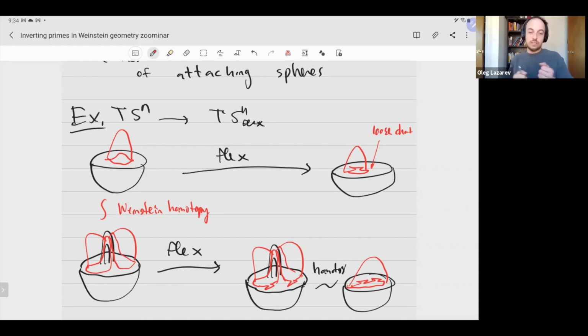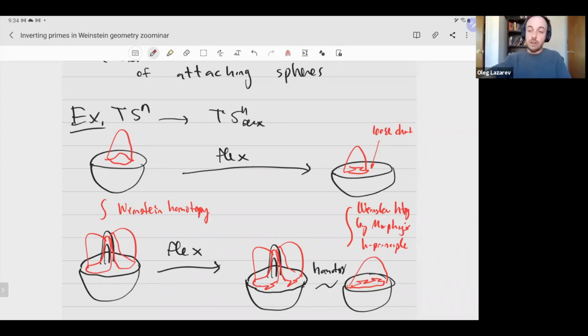For this theory to be well defined, I would want these to be Weinstein homotopic, because the original 2 things were Weinstein homotopic. And this is in fact true. These are Weinstein homotopic by Murphy's h-principle.